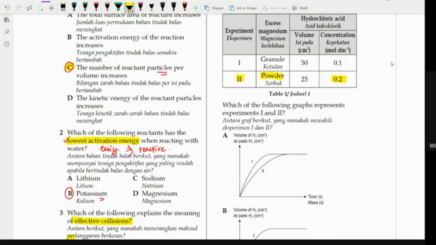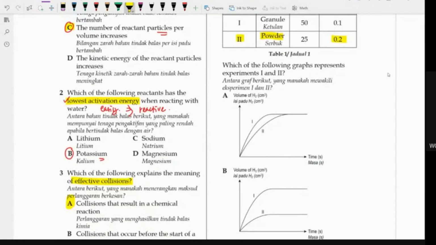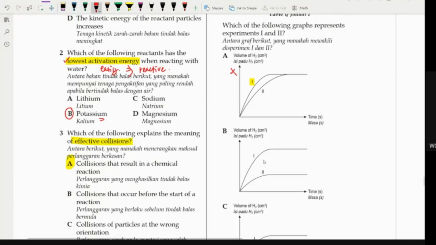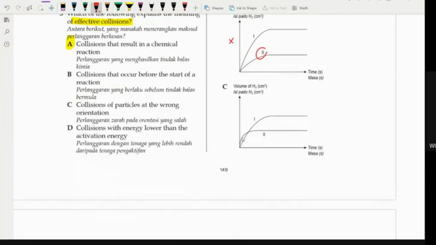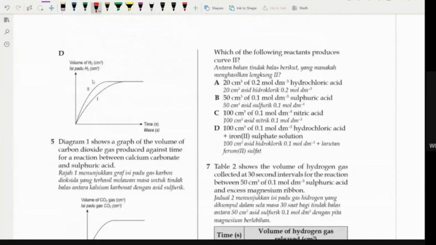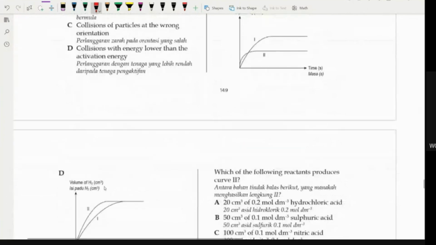We check the steeper gradient. Set 1 has the higher gradient here, so A is out. For B, set 2 has the lower gradient, so B is also out. C has the steeper gradient, so it is possible. The remaining are C and D.